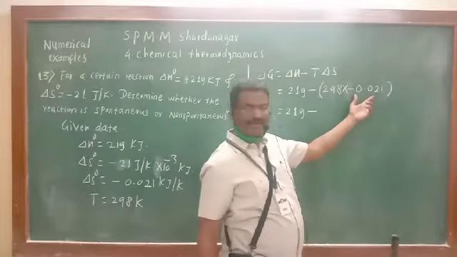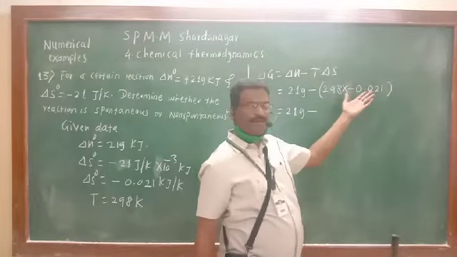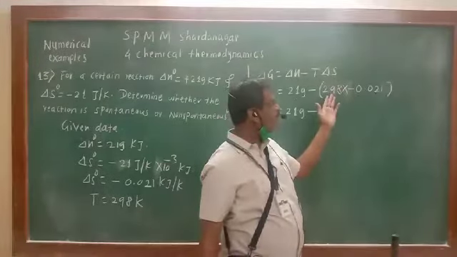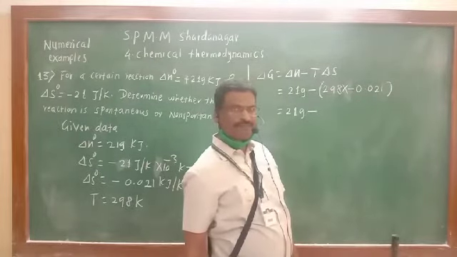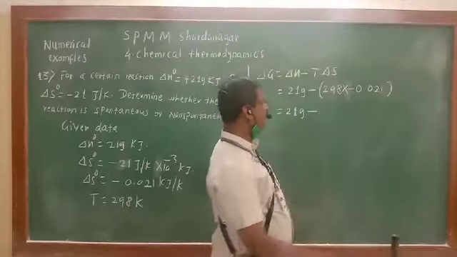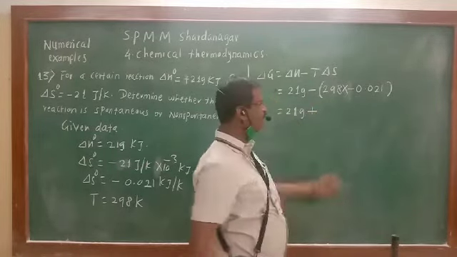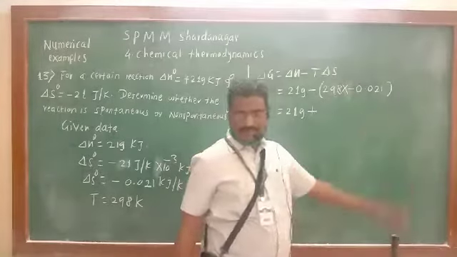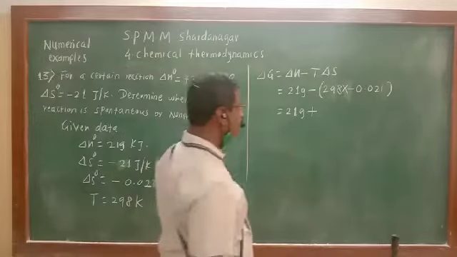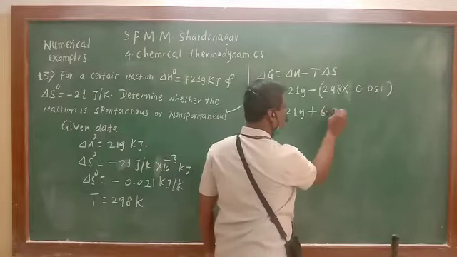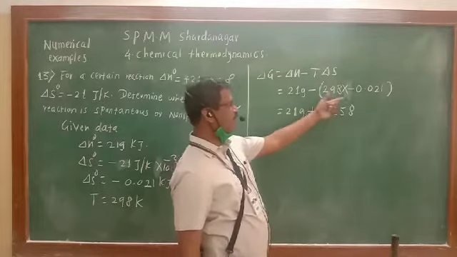We can multiply directly by 21 to 298, or maybe by taking log of first term, log of second term, addition and then antilog. Anyway, it is possible. Minus into minus, this now become plus, and if this calculation is performed, the multiplication comes equal to 6.258.